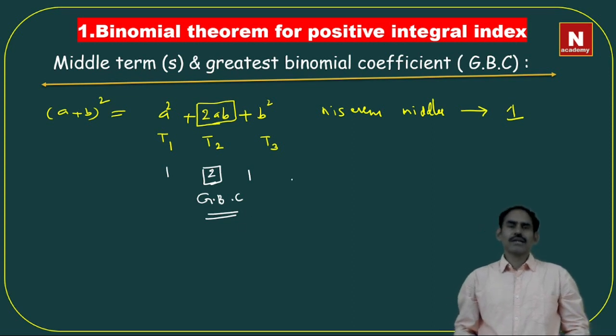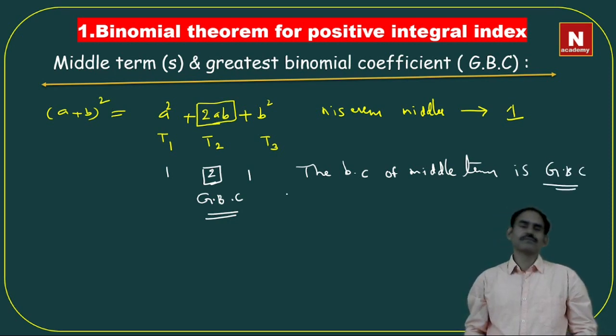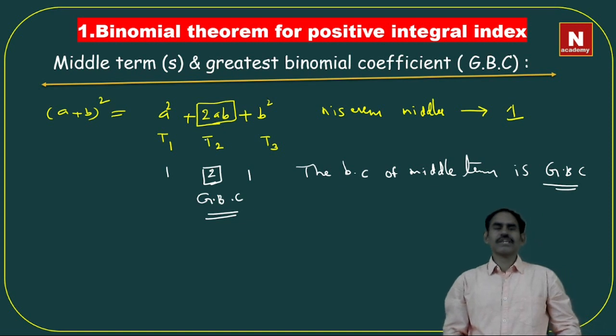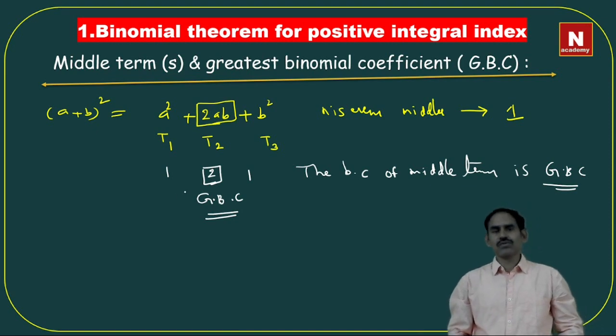That means the binomial coefficient of the middle term is the greatest binomial coefficient. Remember, T2 is the middle term.